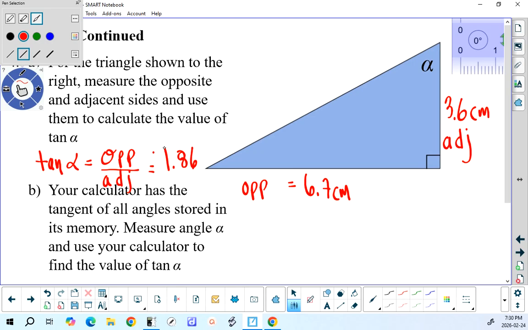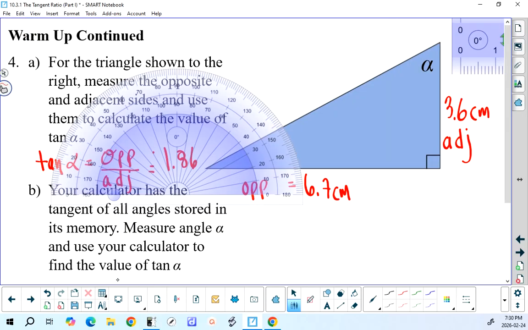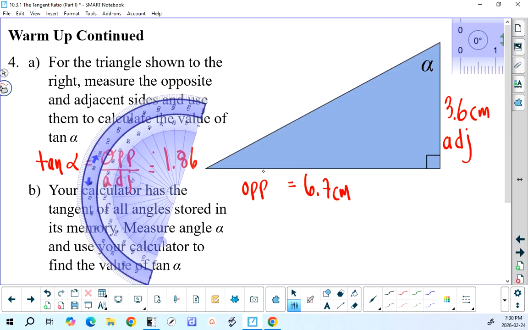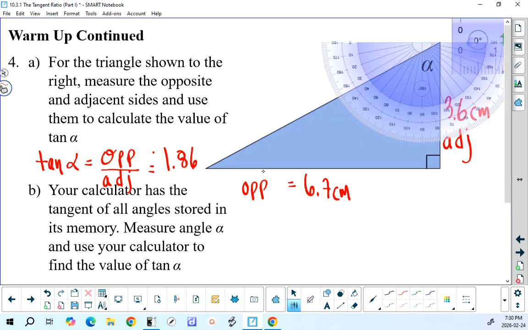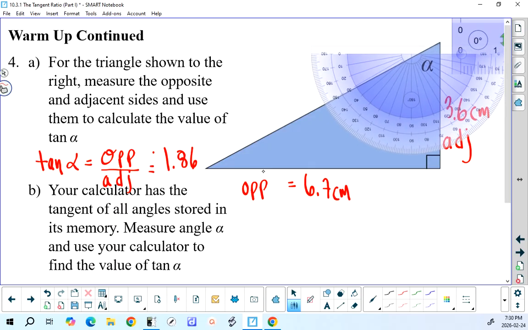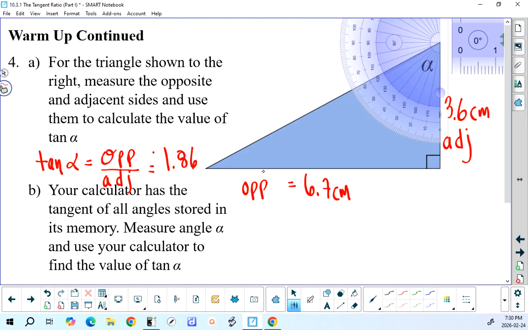What about if we measure that angle alpha and calculate it with the calculator? Let me grab up my protractor again. So now what I'm doing is I'm looking at the bottom of my protractor. I'm looking here.